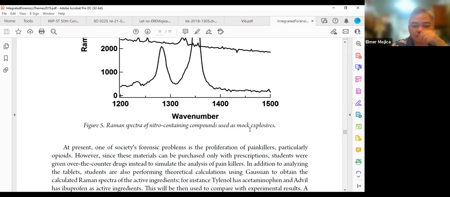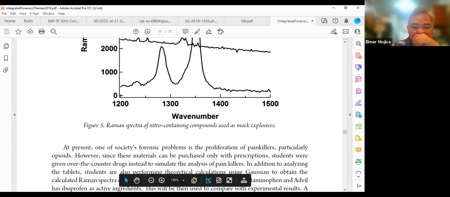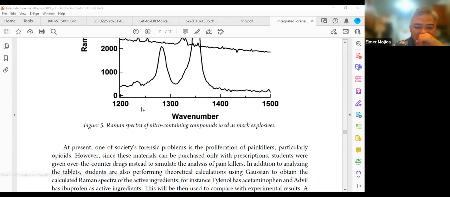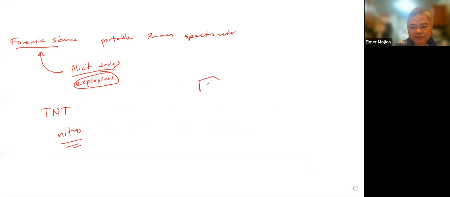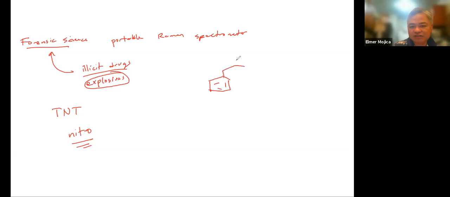Okay, so in terms of illicit drugs, usually the way that we look at this is the methamphetamine. Okay, so if you look at the methamphetamine, their structure, they contain this aromatic ring. And so if you're going to look at the structure of your methamphetamine, usually it looks like this.